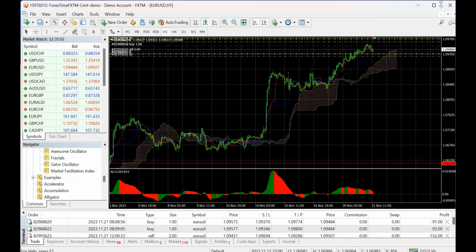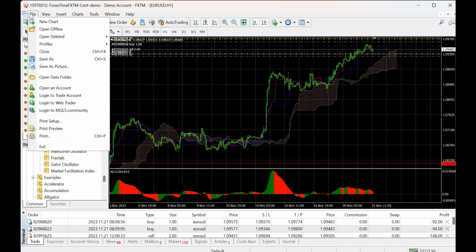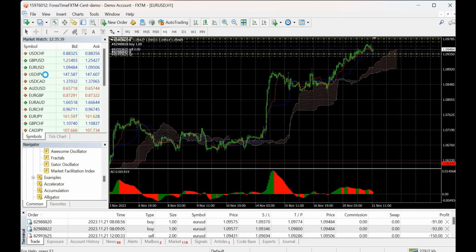Hold on. Before you leave the chat, can you go on your chart here? Go to File. Yeah, go to Open Data folder.